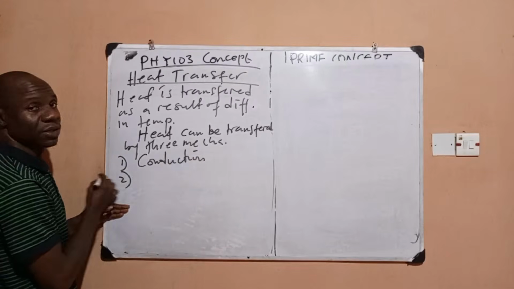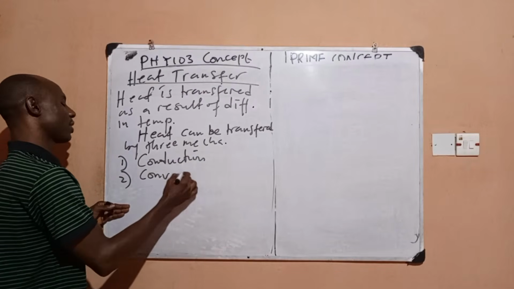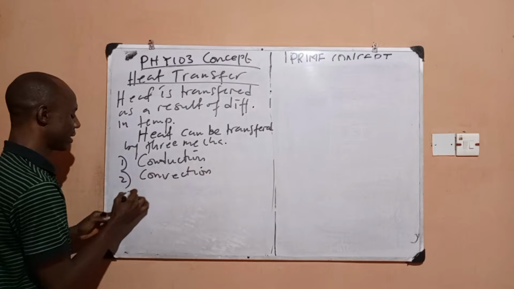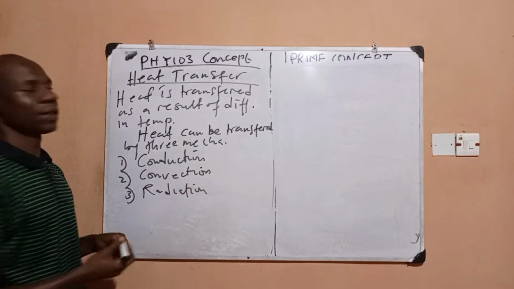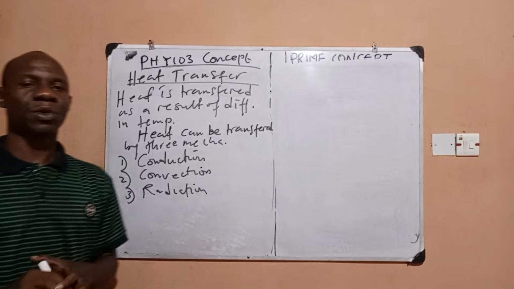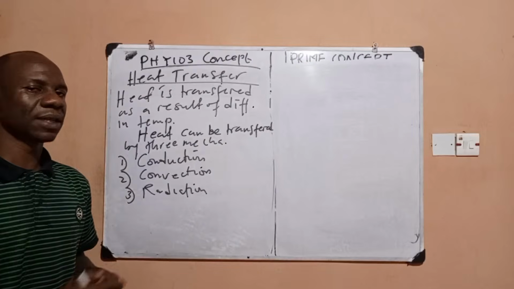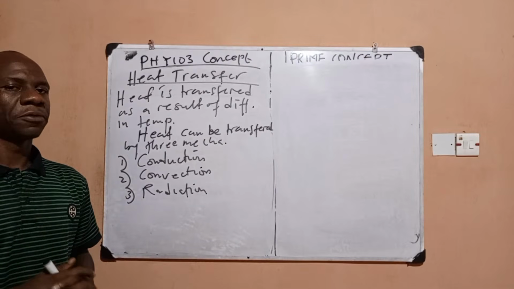Number 2, heat can be transferred by convection. Number 3, heat can be transferred by radiation. So these are the 3 methods by which heat can be transferred from one body to another. So let's quickly look at them very fast.